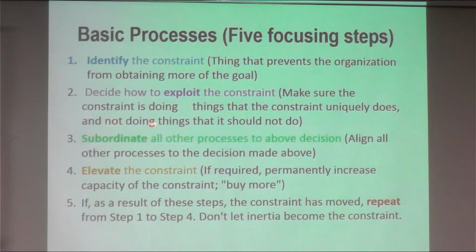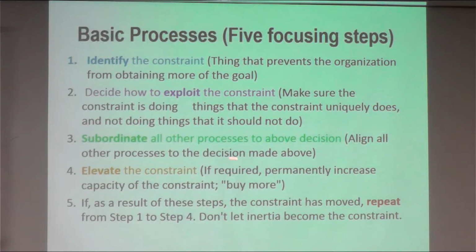Make sure that the constraint is doing things that the constraint uniquely does, and not doing things that it should not do. Then subordinate all other processes to the above decision. Align all other processes to the decision made above. Then elevate the constraint. I mean, break it. If required, permanently increase the capacity of the constraint or buy more. And next is repeat.